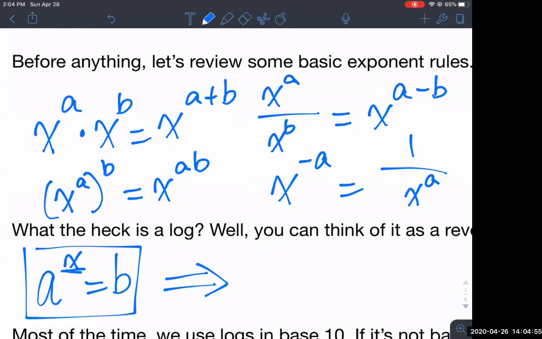We can do this: log base a, that's what the subscript means, log base a of b is equal to x. It's a way to find the exponent using the base and the result, I guess you could call it.